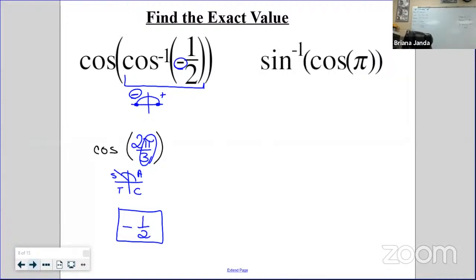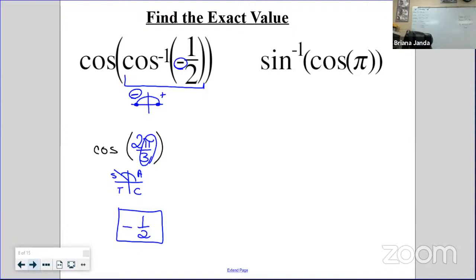Okay, let's do one the other direction. Inverse sine of cosine of pi. Are you a hand trick person, a special right triangles person, or what?